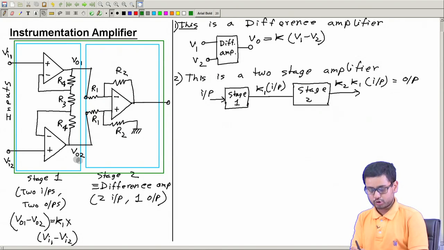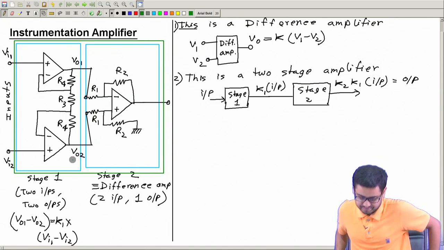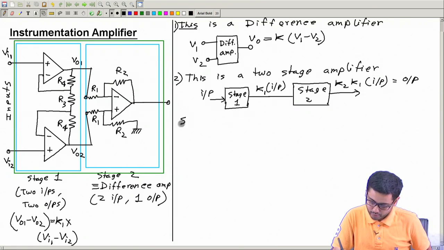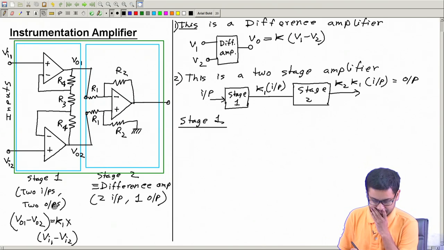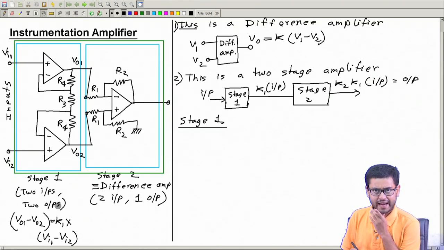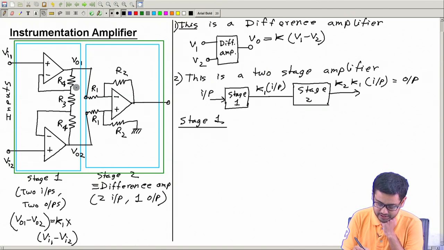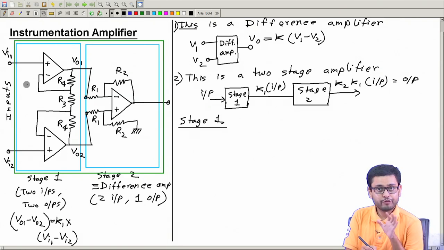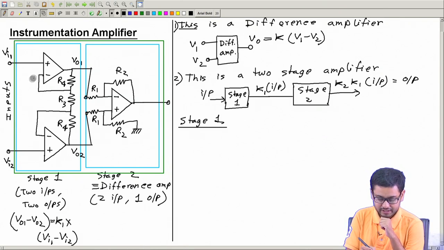Now how do these two stages work? So stage 1. Let us do the analysis first quickly, less rigorously, and then I will do it more rigorously. Now this potential is Vi1. If virtual shorting works, then this potential will also be Vi1.